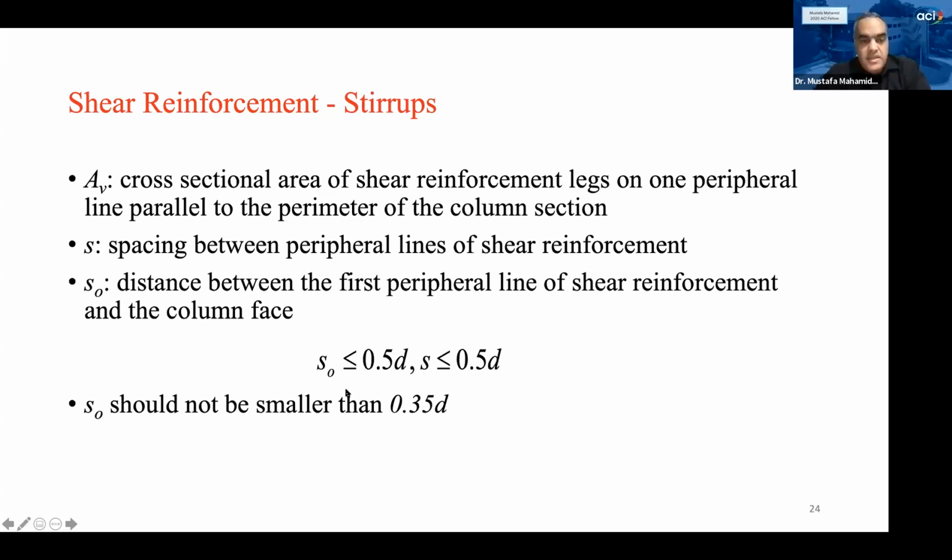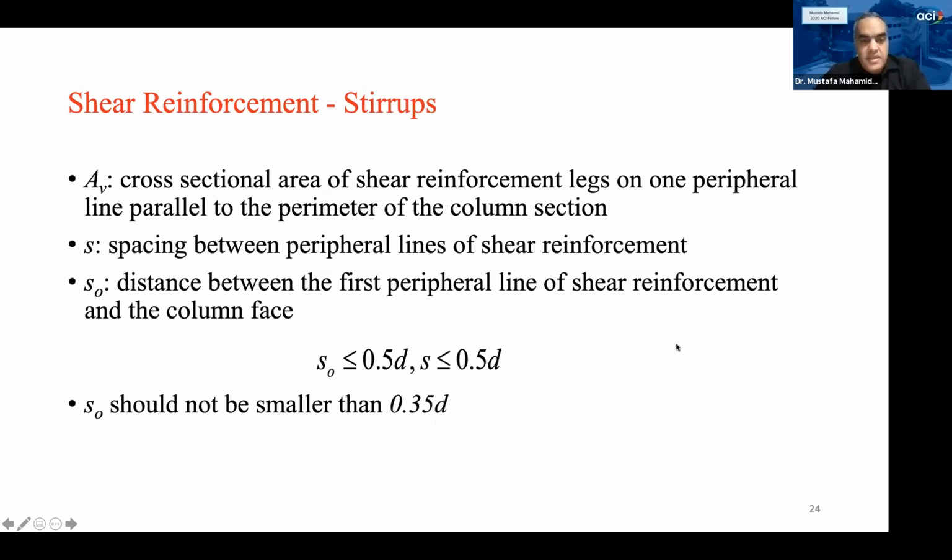And so s sub 0 should be less than or equal to half the effective depth, and s is the same thing. s sub 0 should not be smaller. The first line of reinforcement around the column should not be less than 0.35 d. Okay, so these are reinforcement and detailing for the studs.